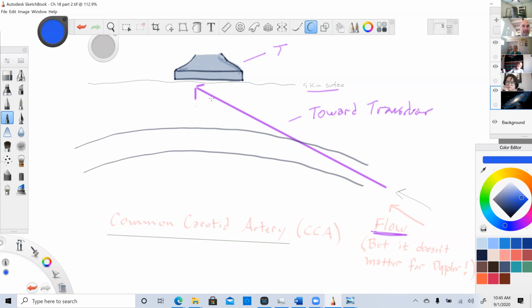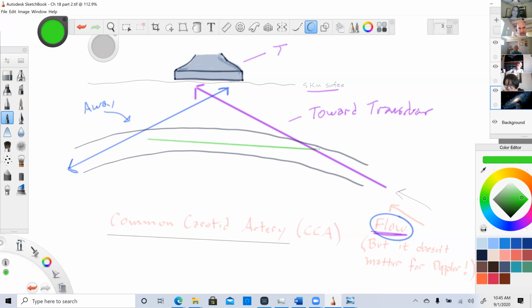The vector from here happens to be going in that direction, but I'm going to put an arrow at both ends. It does not matter. That vector, though, is in this case, with the flow going in this direction, away.